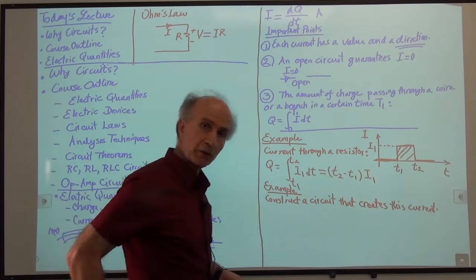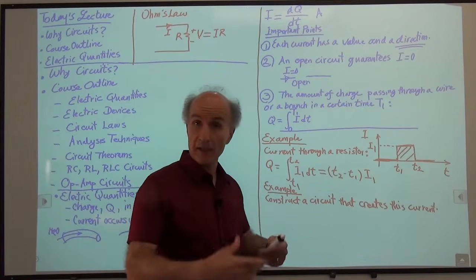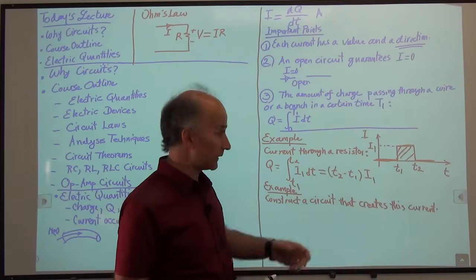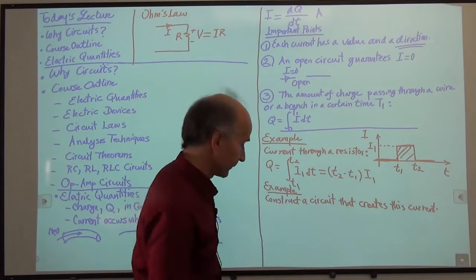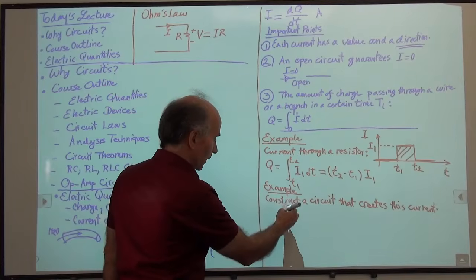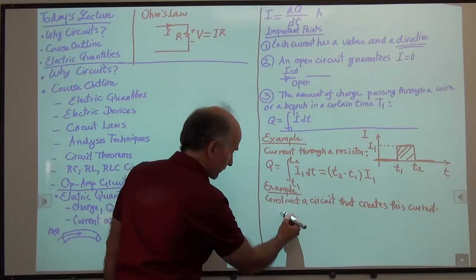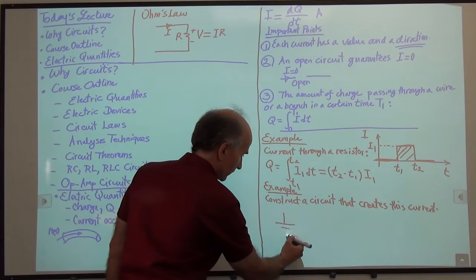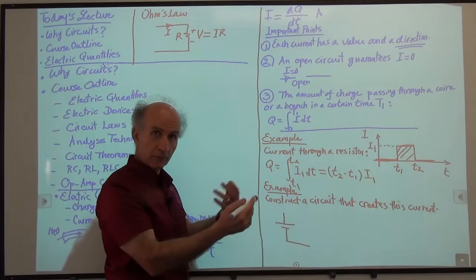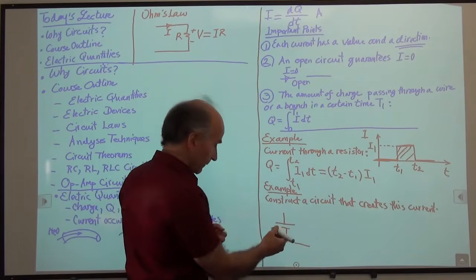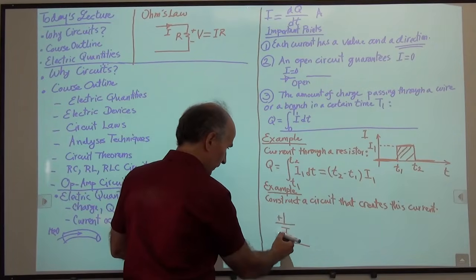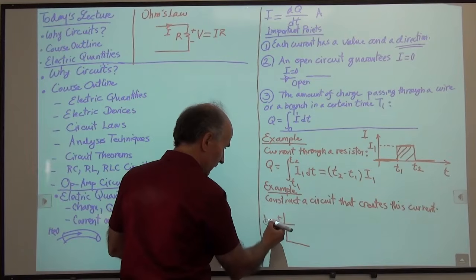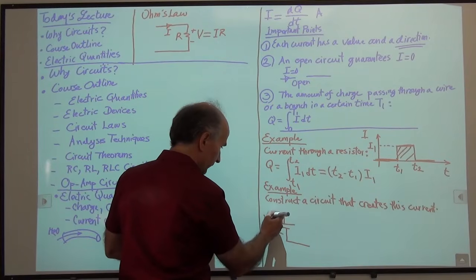All right, so what did you get for the circuit? Well, we are essentially synthesizing a circuit that performs this function. What we can imagine is that we have some sort of battery. We need some sort of battery to create a current, right? So let's suppose we have a battery whose value is VB.